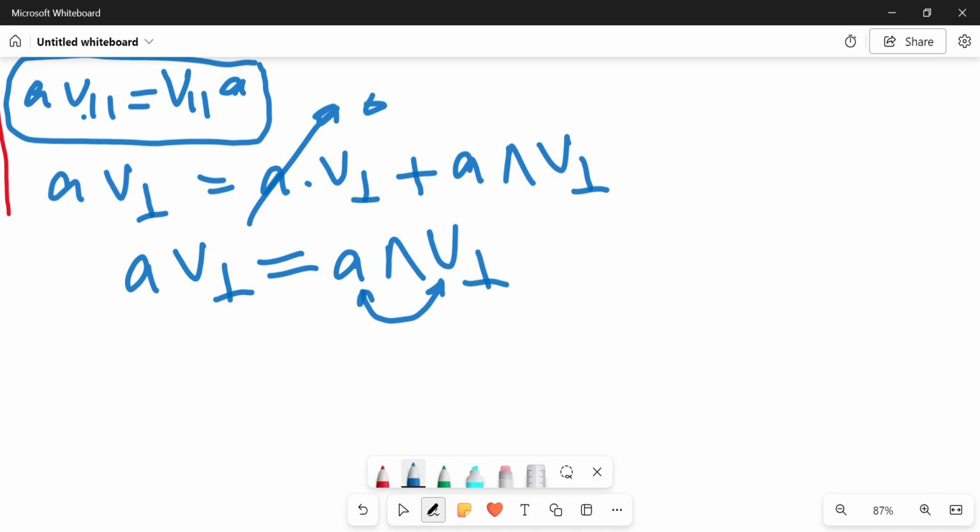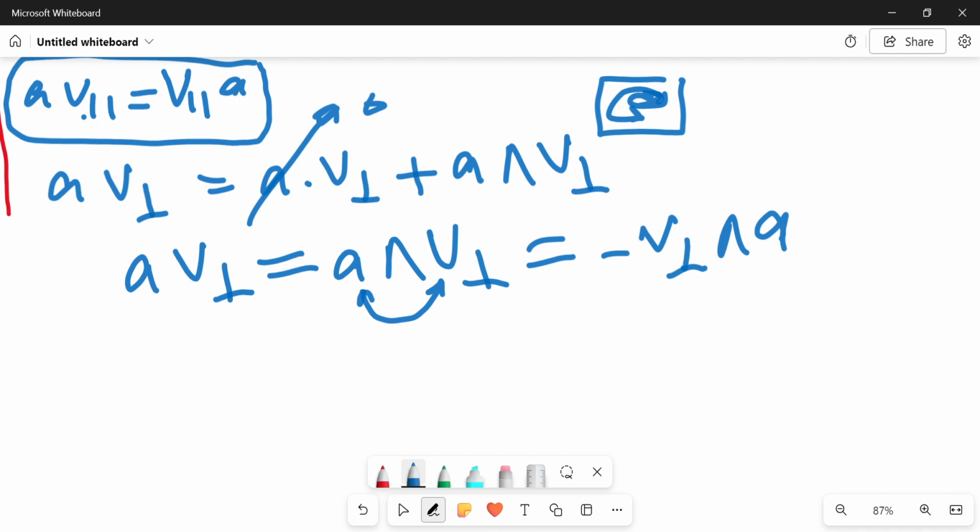But the wedge product between vectors anti-commutes. Why? Because of the orientation. One is oriented in one way, the other one in the other way. If you remember, one goes this way, the other one goes the other way, so there is a negative. So these two anti-commute. It is minus V A.